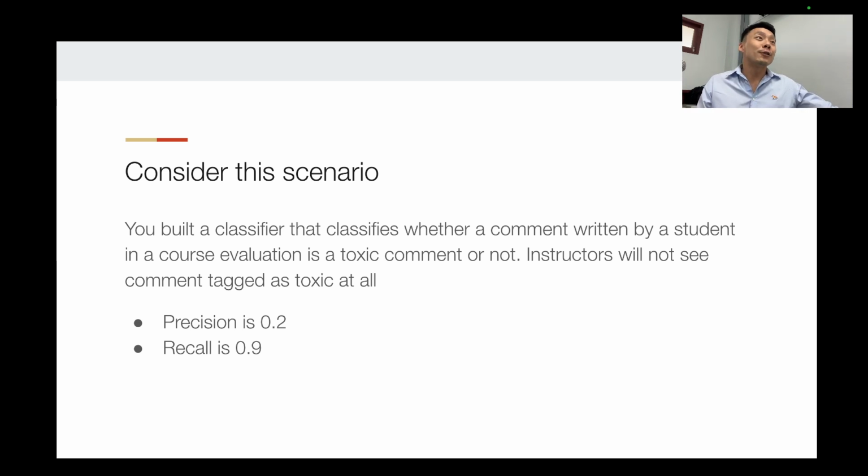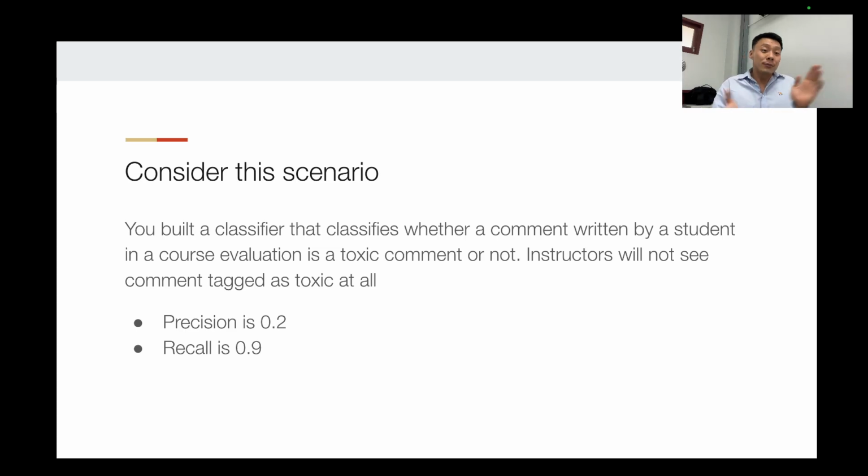A lot. When it gets flagged as toxic, you're not sure whether it's toxic or not. So you screen out a lot of comments, because the model tries so hard to catch all the toxic ones that you lose some normal comments as well.